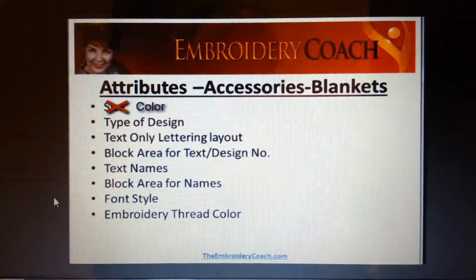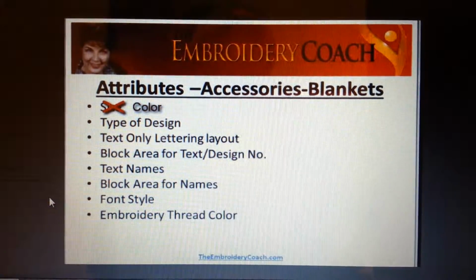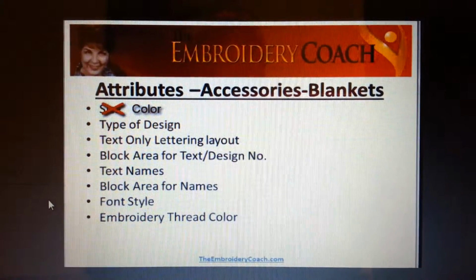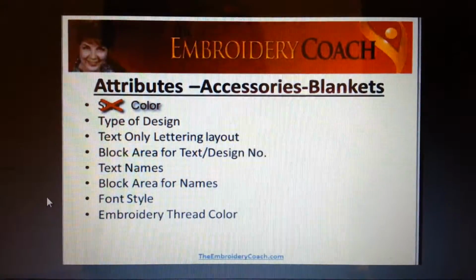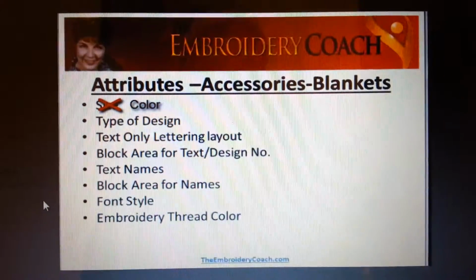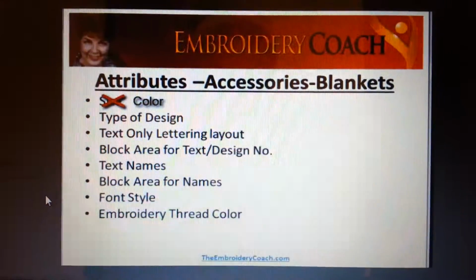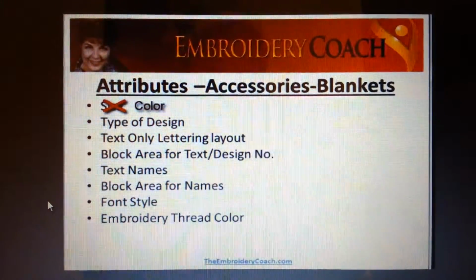Now, I told you that you need images for each one of your attribute types, and by that I mean each one of your lettering options or your monogram options. And for the example that I'm going to show you tonight, I am uploading my lettering design layout options, and I'm also going to add some of my monogram options.